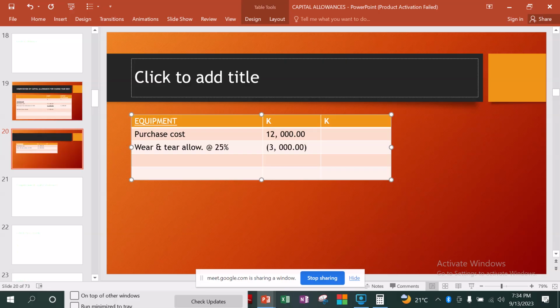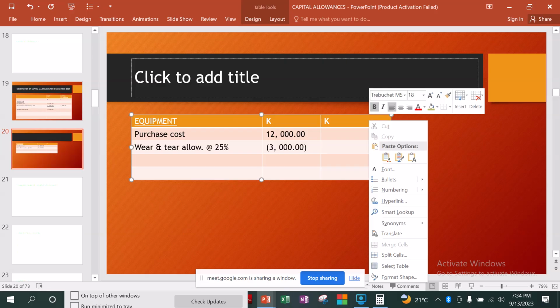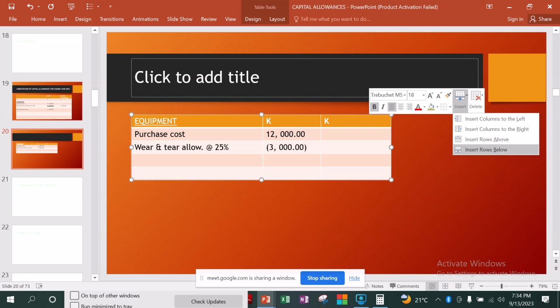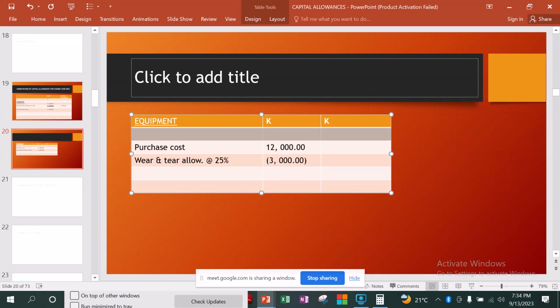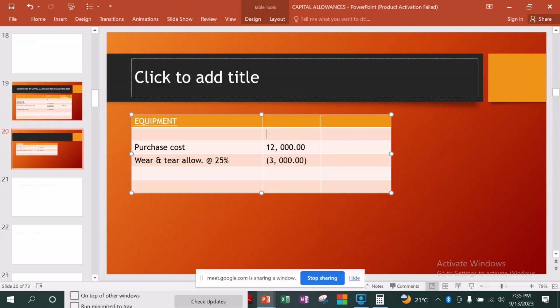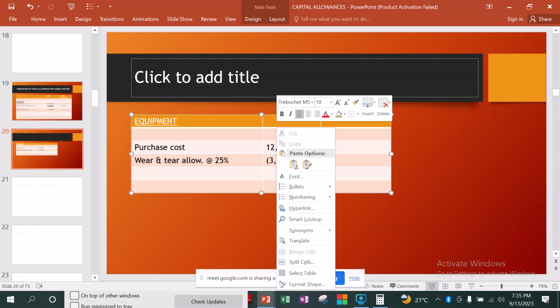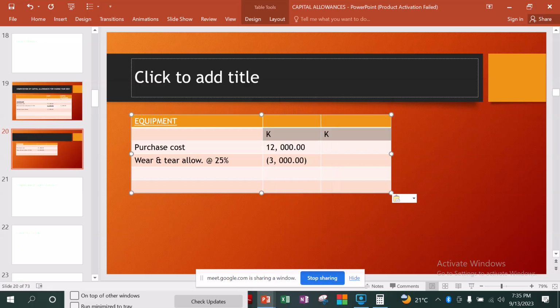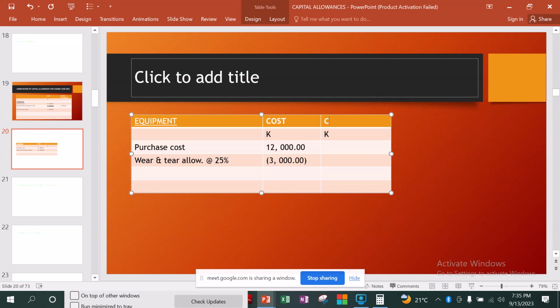Okay, so we register that one. Include this one, and set a row below. Here we did from cost, and here we leave it for capital allowance.